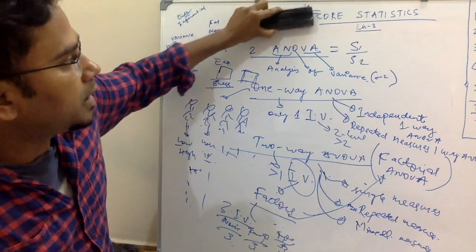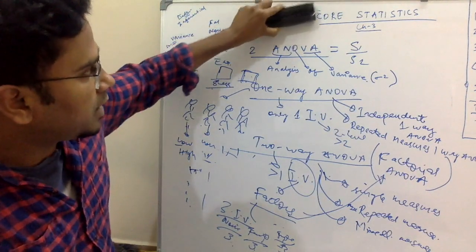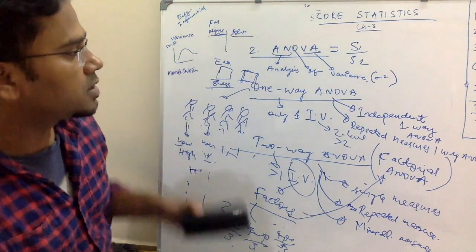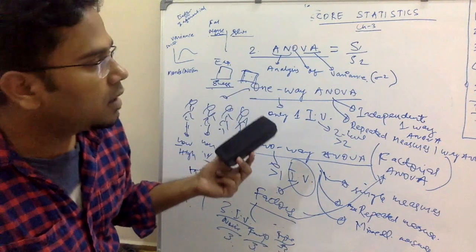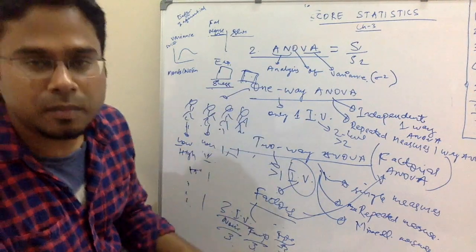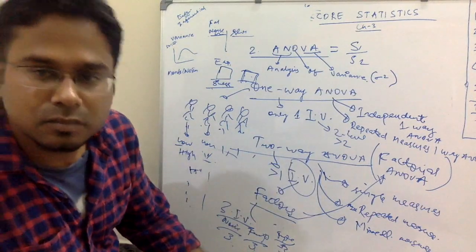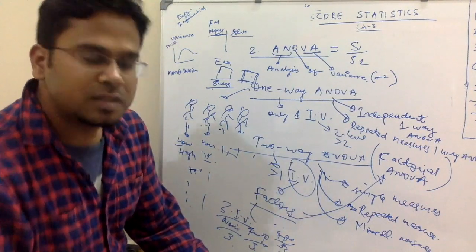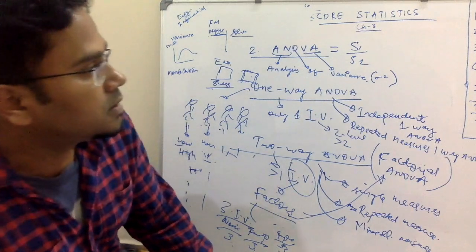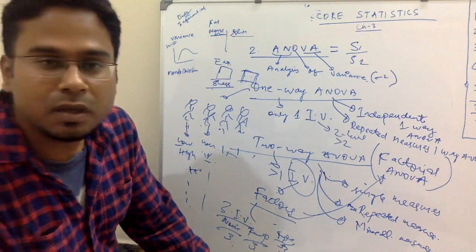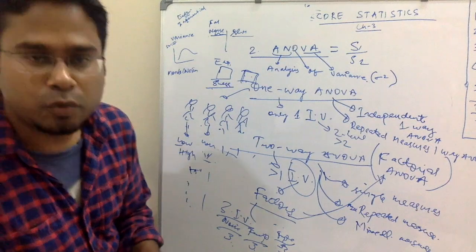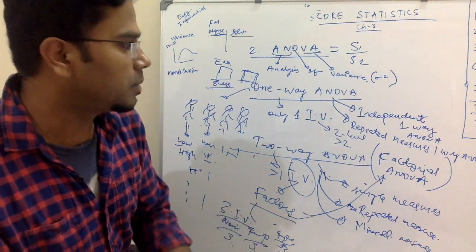But ANOVA, and T-test also tried to do the same thing, but ANOVA does the same thing in a different manner. Okay, it has a different procedure of calculation. Okay, so this is what it is. They will not ask you anything more than this in ANOVA. Okay, if they ask, nobody will be able to answer. You will also not be able to answer.